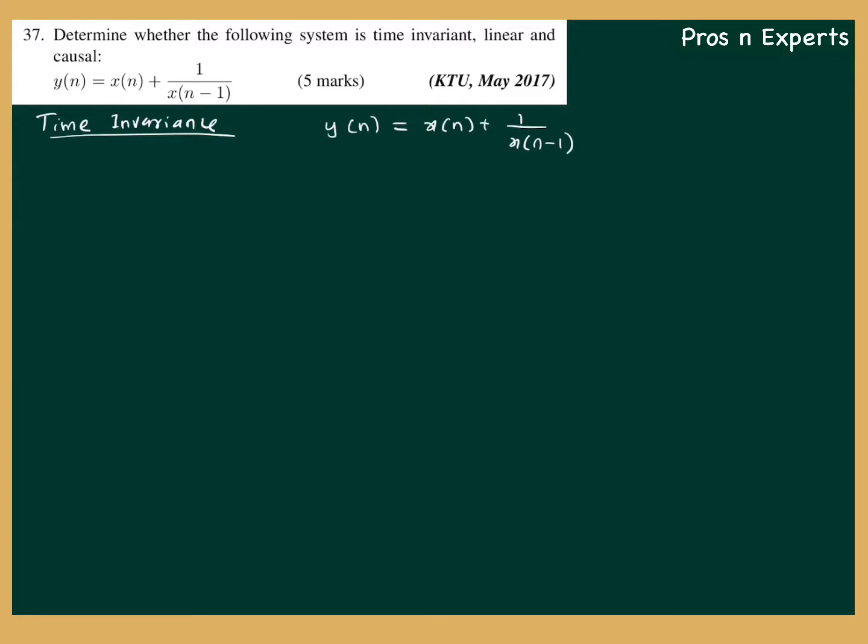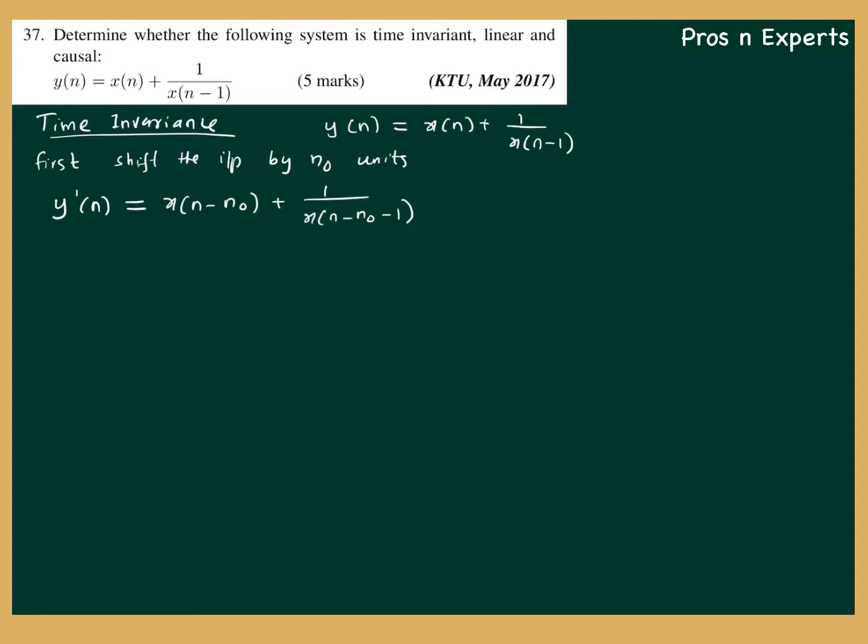According to the procedure to check time invariance, first shift the input by n0 units. Then let the output obtained be y dash of n. So y dash of n is going to be x of n minus n0 plus 1 by x of n minus n0 minus 1.